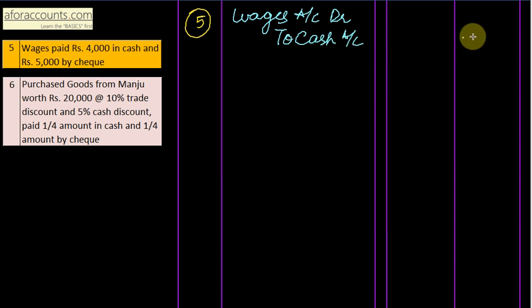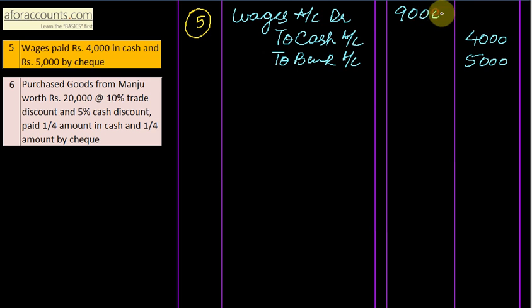How much? 4,000 is going out. So 4,000 is in credit and 5,000 by check. So to bank account 5,000, and total expenses of wages, 5,000 plus 4,000, comes up to 9,000. So wages paid.